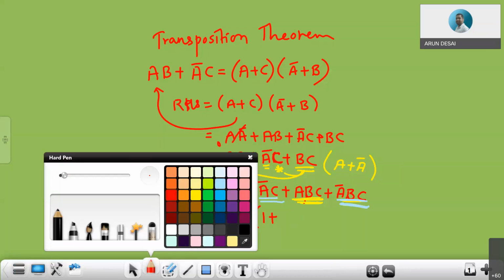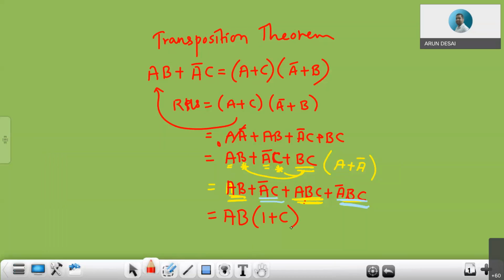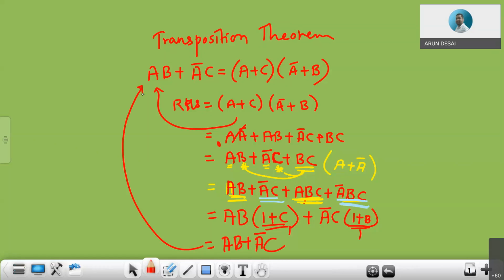So 1 plus C here plus A complement C common, okay? 1 plus anything is 1. So AB plus A complement C, which is equal to the LHS. So this is about the transposition theorem.